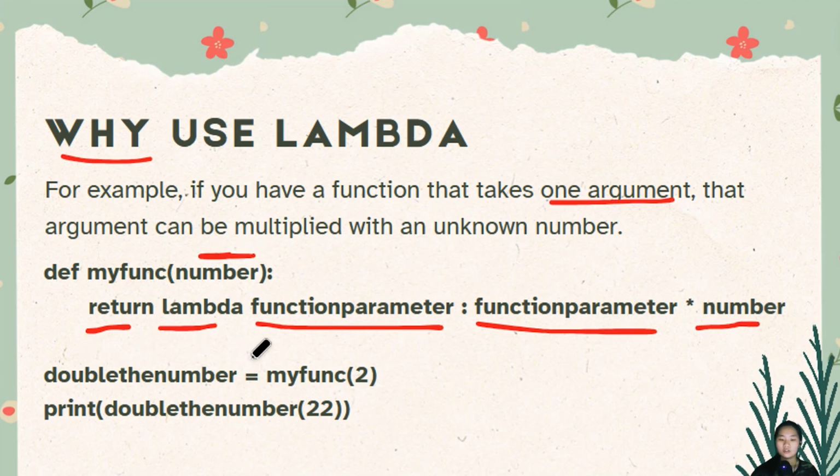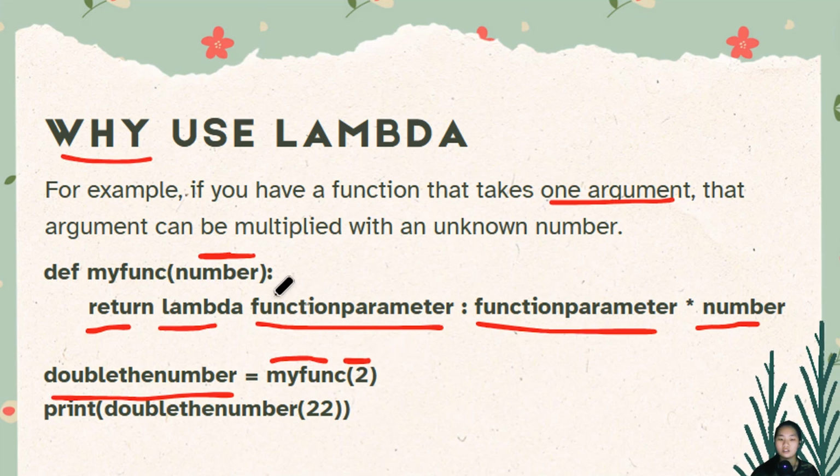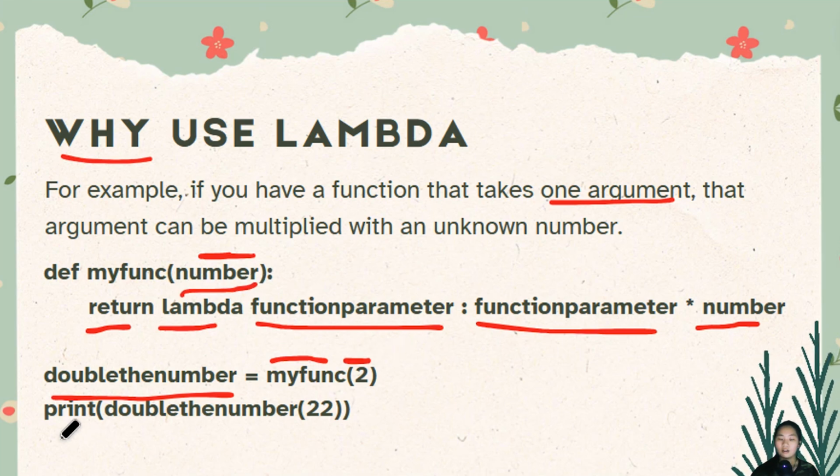Double the number equals this. We're not calling this function, sorry, we're just making a reference to this function. So this function would be the value of this variable, okay? This will make it more convenient when we're printing and doing all that stuff. So my function 2, passing in 2 to the number argument over here. Now, this is the calling part.